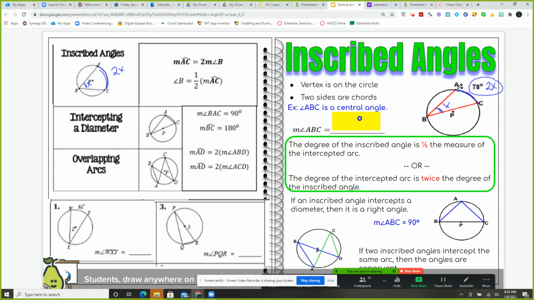If the arc is 2x, it's twice as big, then the inside is going to be half of that, right? So 78 divided by 2, I'm over here on the right side, 78 divided by 2 equals what? 39.